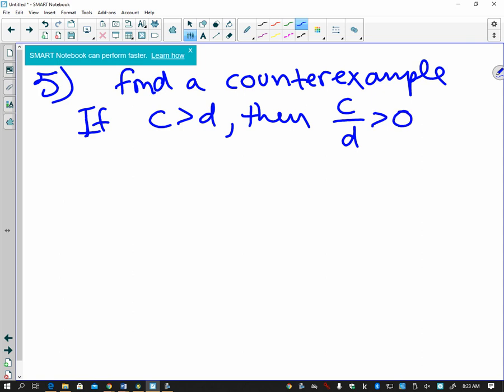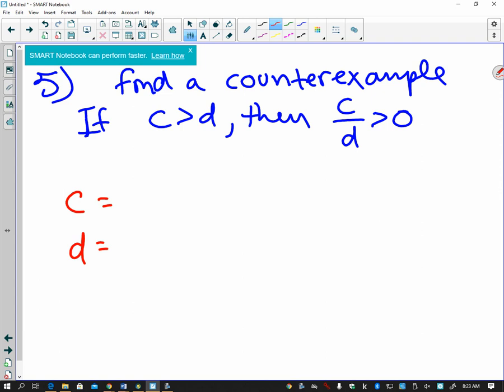All right. So we need a counterexample where C equals something and D equals something. Now, it's got to meet what? What part of it has to be true? No, opposite.